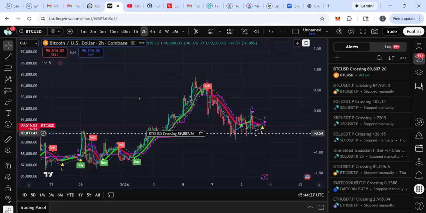So how do you know where to put your stop loss? With stop loss, I like to use percentages just because it's a lot easier, especially when teaching. Me personally, I'm looking at the stop loss being at the bottom of this mark here. We are at 89,87.